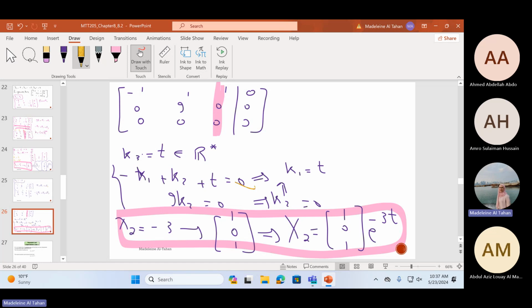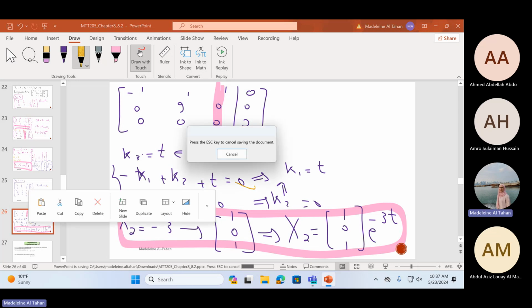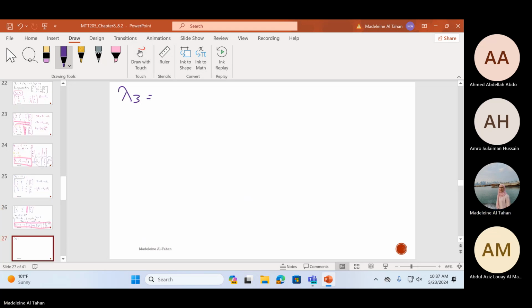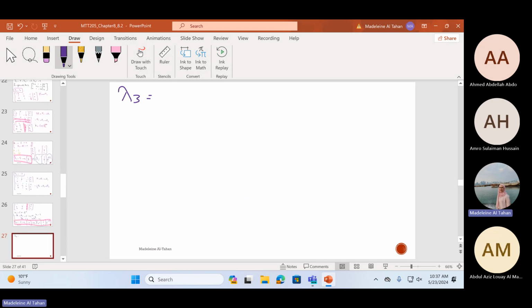What's left? What do we need to find? Our third solution. Those who did the third one, what did we get, miss? Okay, let me check. So the third one, it's for lambda 3 equals what, miss? Negative 4. So negative 4.